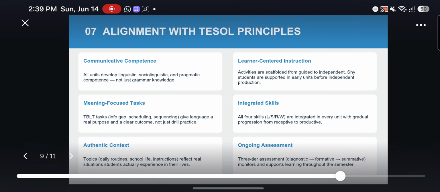TESOL alignment. This slide explains how my syllabus aligns with TESOL principles. First, communicative competence. All units develop linguistic, sociolinguistic, and pragmatic competence. It's not just about grammar.